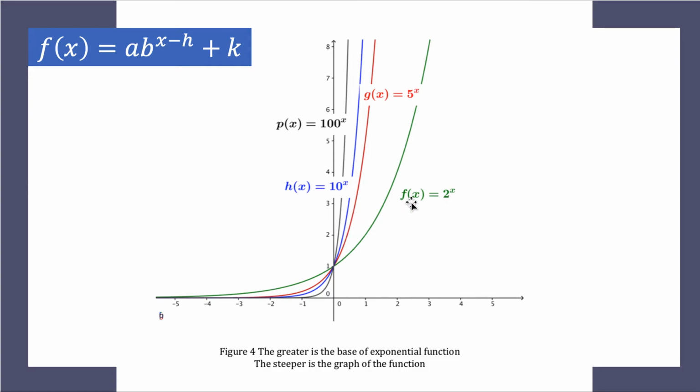For instance, if we have a function f of x equal to 2 to the exponent x, but look at g of x equal to 5 to the exponent x with a greater base, this function is going to be much steeper. And here, h of x has a greater base, the base is 100, so it is even steeper. The greater the base, the steeper the graph of the function, or more stretched if we want to express it a bit differently.